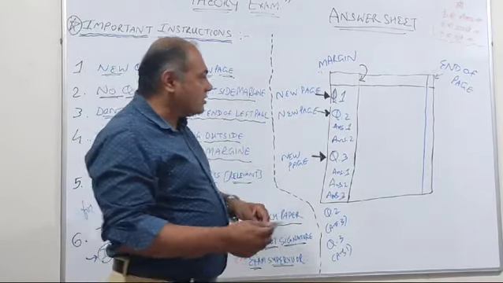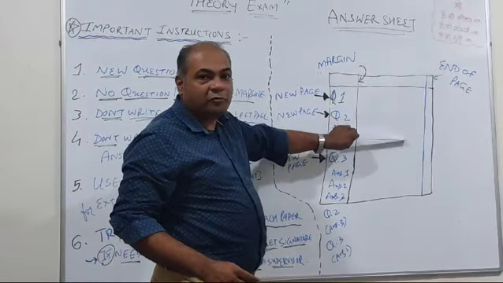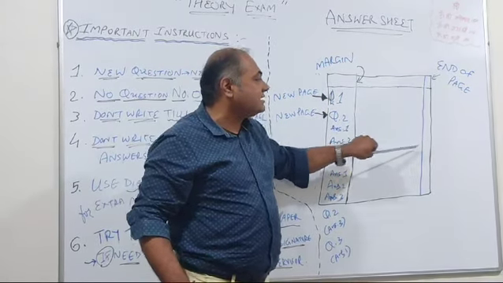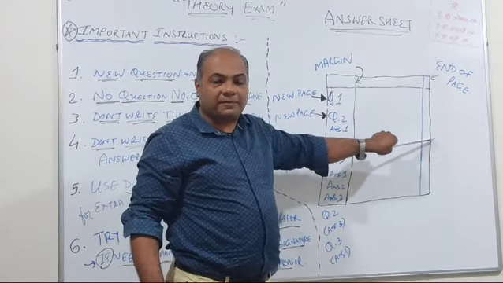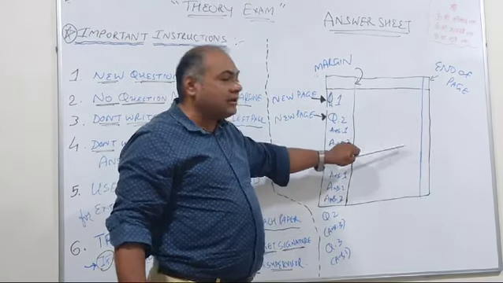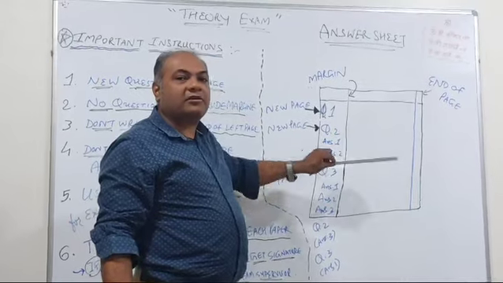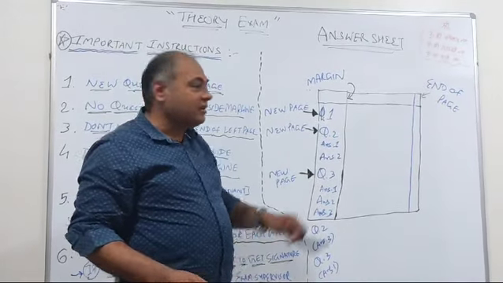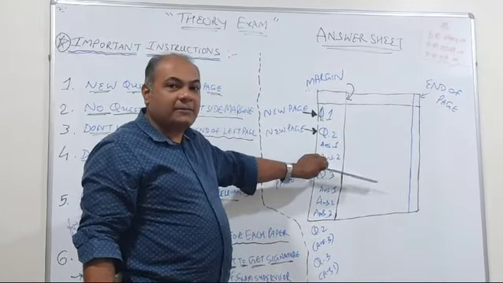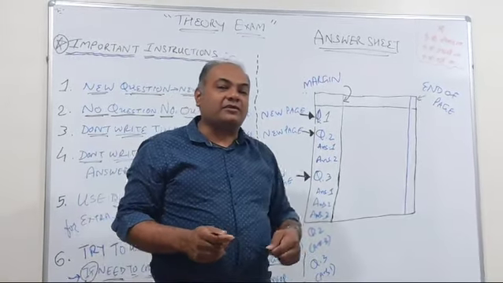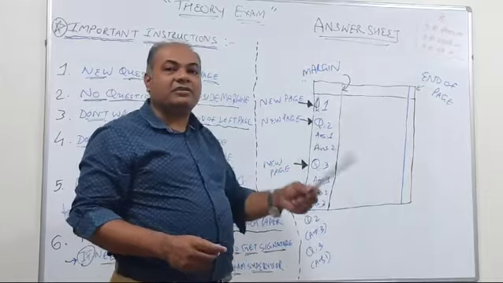Otherwise, if you change the pen from the next line and the supervisor's signature is not on that page, it will be counted as malpractice, and your result can be withheld. So if you change the pen, get the supervisor's signature, and possibly try to write the whole exam with one new ball pen.